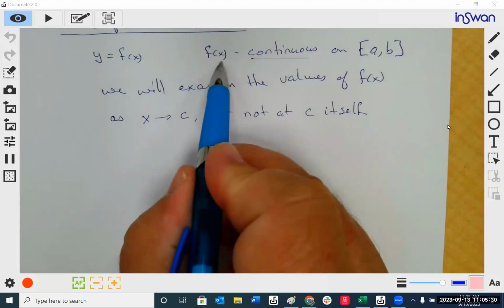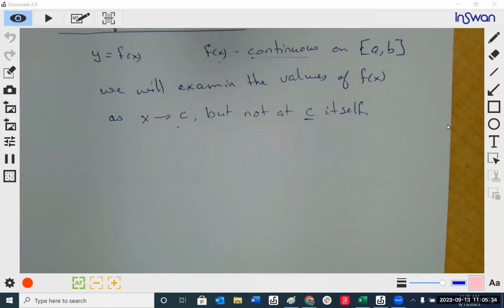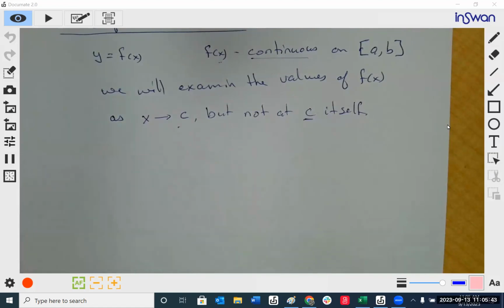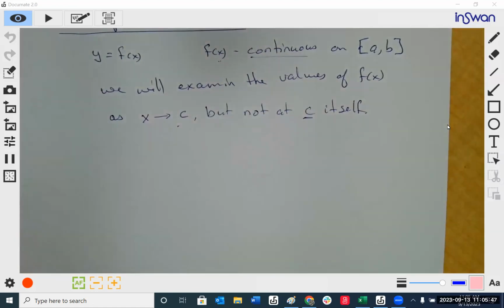Okay, so let's first see what we're talking about here. We have a function, f of x. What is the c value we're talking about? That's basically the limiting value. In essence, we're looking at any function, if it's undefined at a certain value, that's our c.